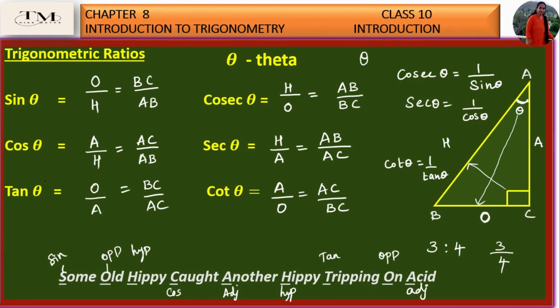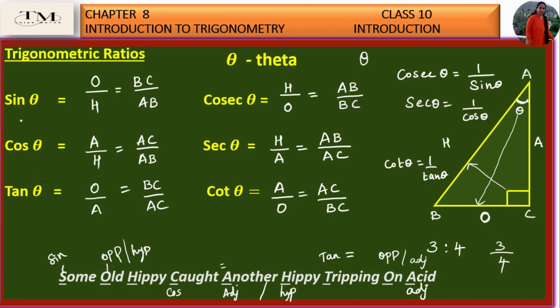So it means sine theta is equal to opposite by hypotenuse. Cos theta is equal to adjacent by hypotenuse. Tan theta is equal to opposite side by adjacent side. Okay. Some old hippie got another hippie tripping on acid. So just remember this line and you can easily write the values for sine theta, cos theta and tan theta.